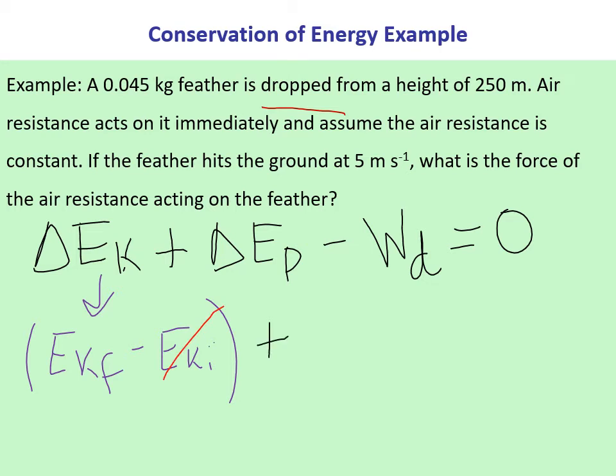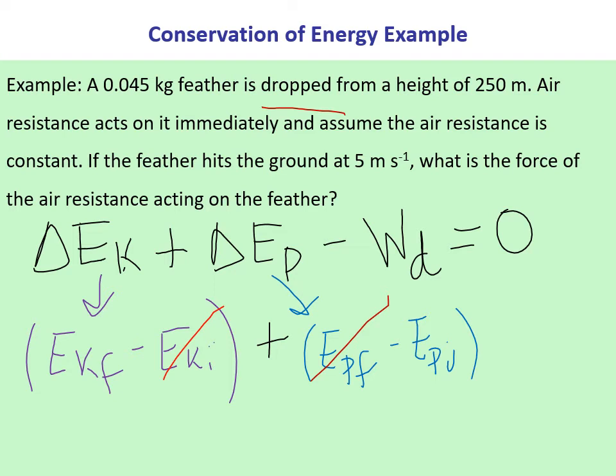I will add the change in gravitational potential energy. So that is EP final minus EP initial. When the feather hits the ground, it has no more gravitational potential energy. So this is 0.